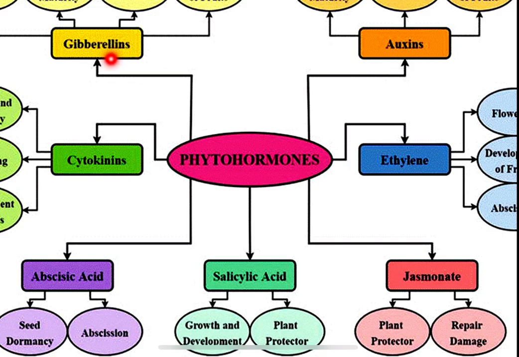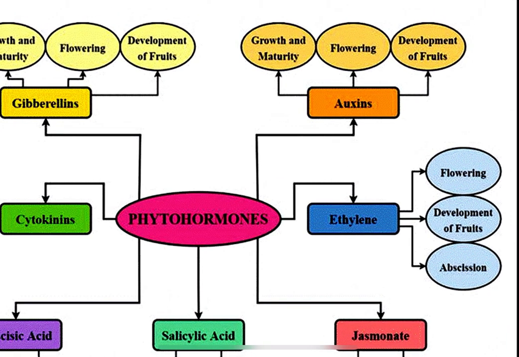Cytokinins, gibberellins, ethylene, abscisic acid, salicylic acid, jasmonate, etc. And here you can see the common and simple functions of these hormones. Auxins promote growth and maturity, flowering, development of fruit. So these are some important functions that are controlled by these auxins.